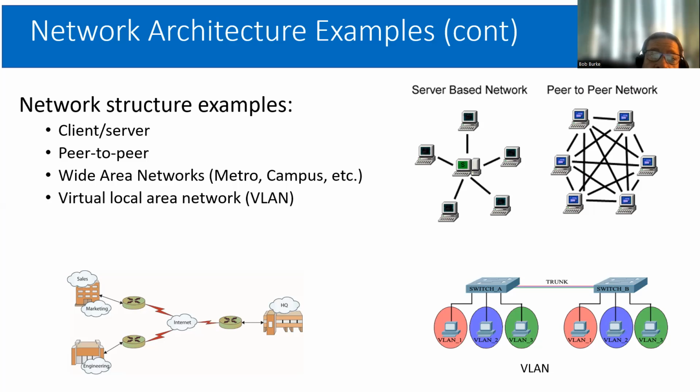Next, wide area network. That is the bigger picture, which you'll see in the architectural diagram when you have multiple geographic locations, be they buildings on the same campus, or offices in multiple cities, countries, and so on. In this case, your network spans over the internet or other network capabilities to your other geographic locations.